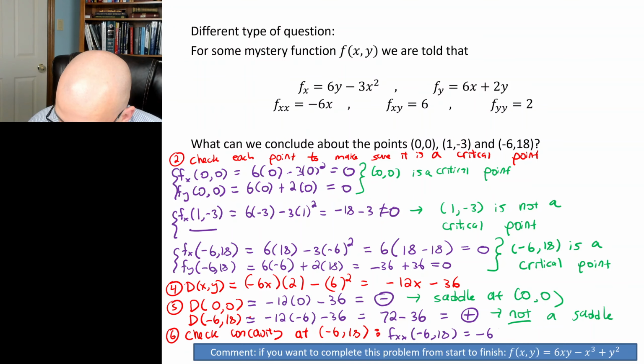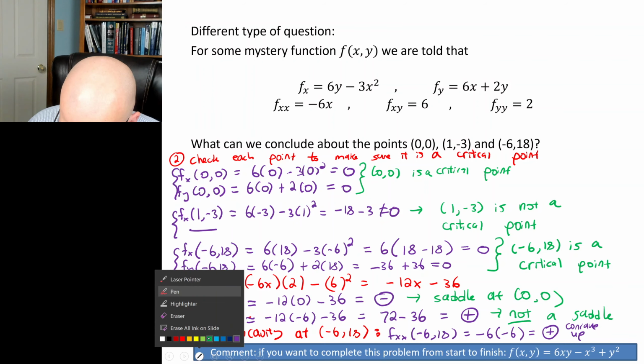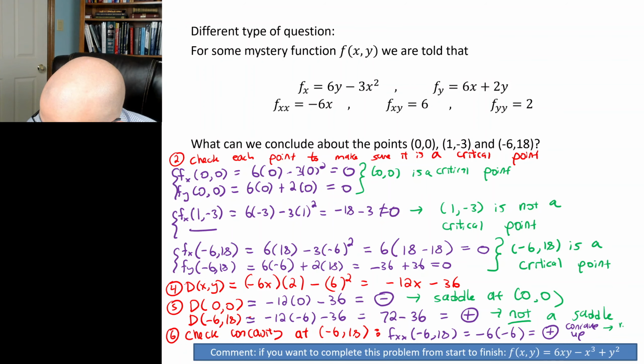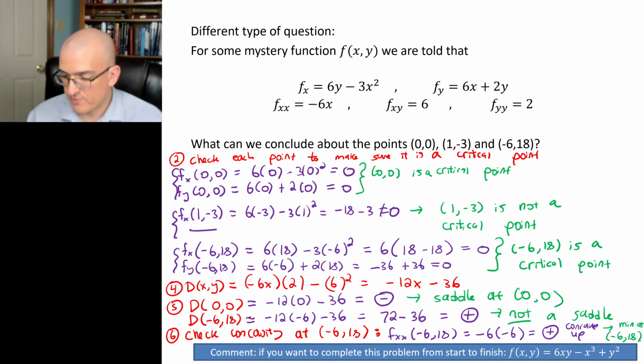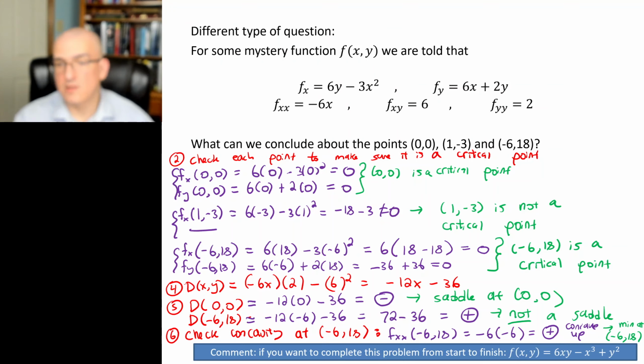We have negative 6 times negative 6, which is positive. That's concave up. That means there's a min at that point. Negative 6 comma 18. Whew. A lot of work. And this question just isolates for that part of the calculation.